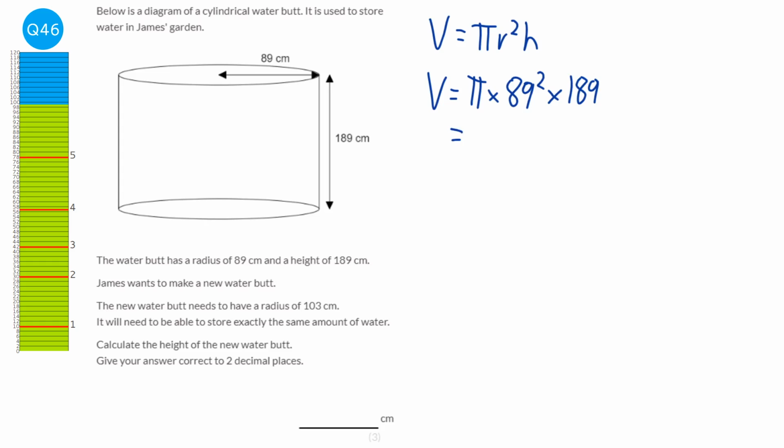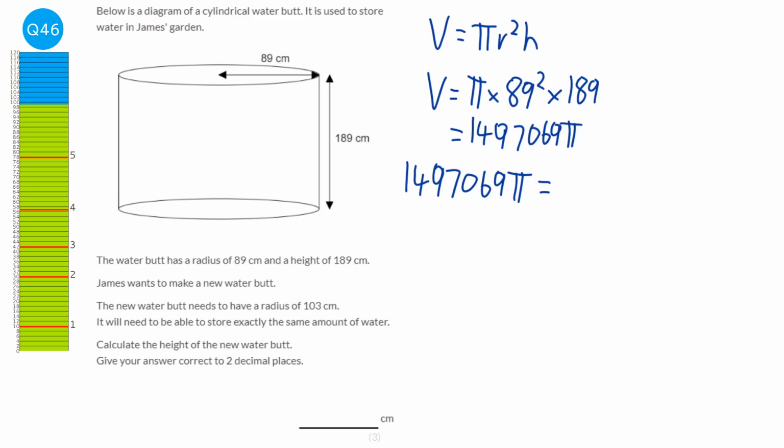And when we do that, we get 1497069 lots of pi. I'll keep this in terms of pi just for simplicity. Now, what we want is for the volume to stay the same. So we're going to keep that as the volume, 1497069 pi.